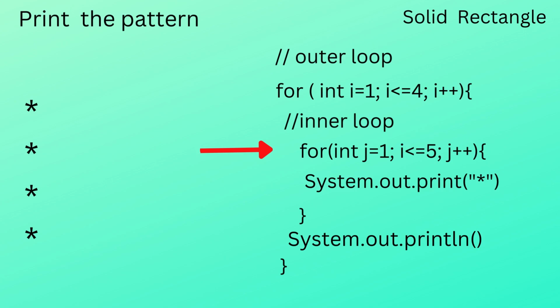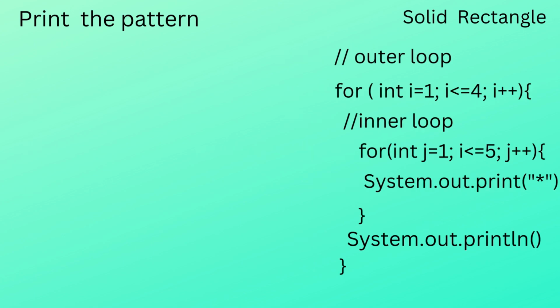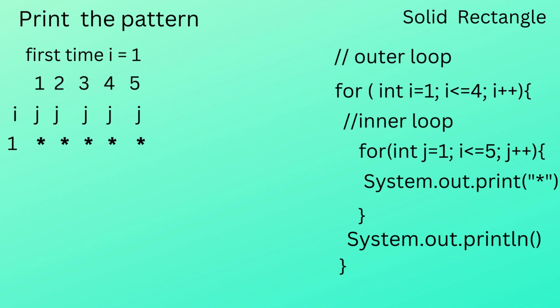Now we will understand how it works. So see, when we execute the loop the first time, the value of i is equal to 1 and j will print 5 times.